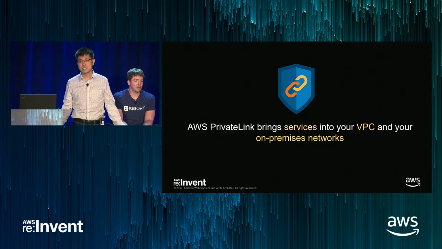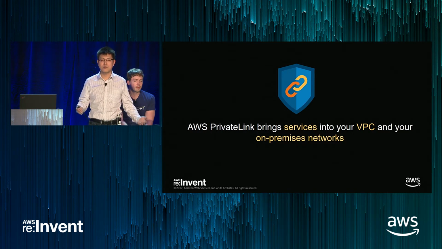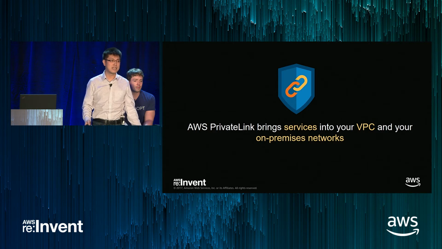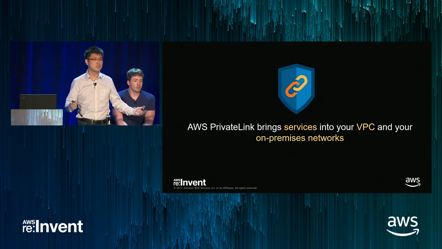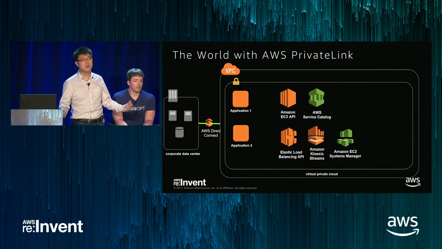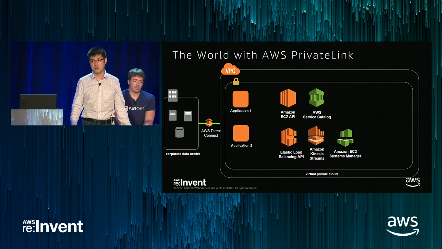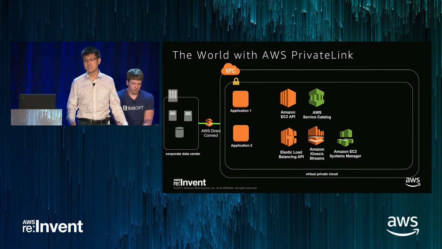And here's AWS PrivateLink. PrivateLink brings the services into your VPC and your on-prem data center instead of you having to reach out to talk to those services. Earlier this month, we announced AWS PrivateLink for AWS services. So these are the services currently available.